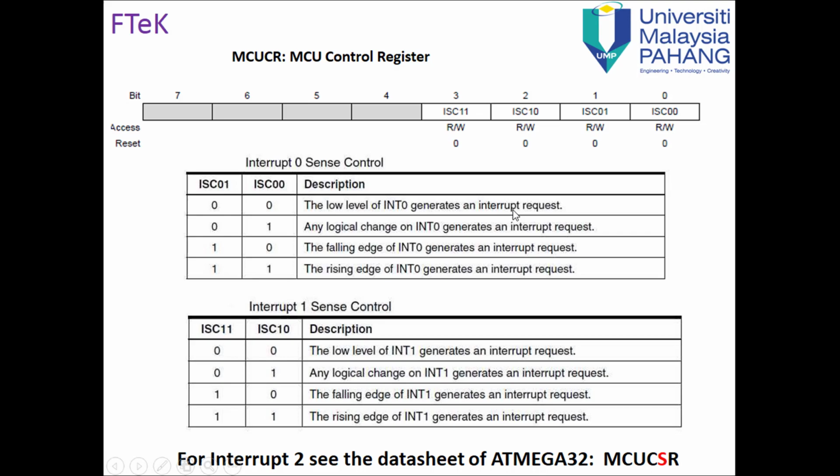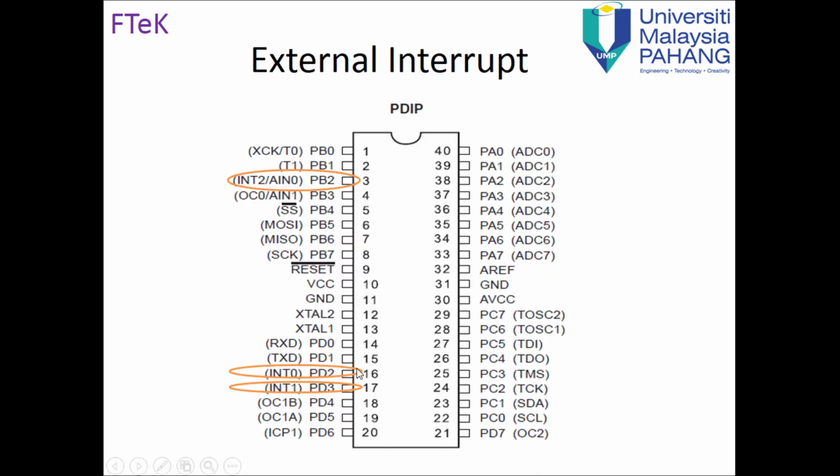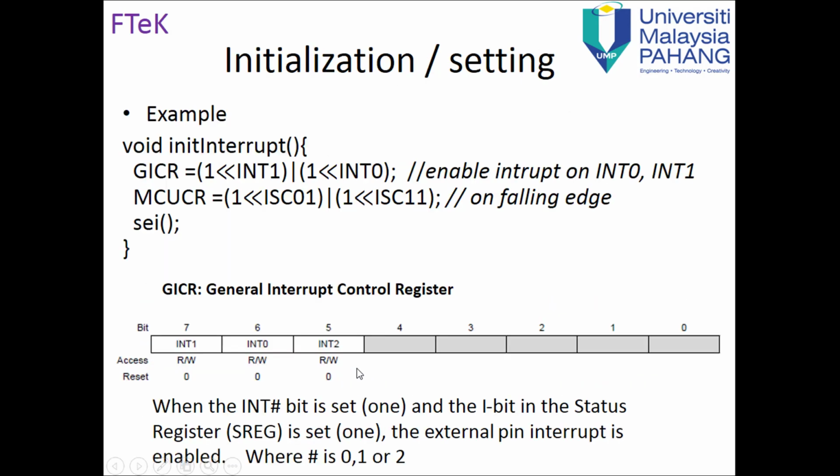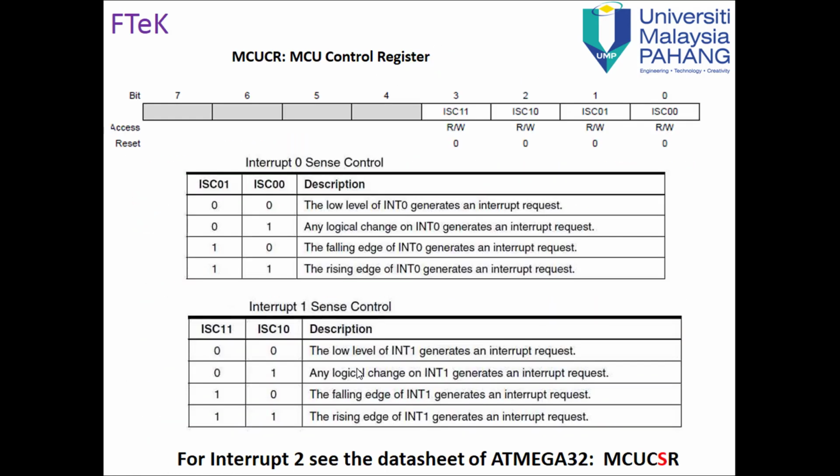So if I change the level from 1 to 0 on the pin, the interrupt will trigger. If I use 0, 1, a logical change, so from 0 to 1 or 1 to 0 will call the interrupt. If 1, 1, it is the rising edge. So that's how I decide how the interrupt is going to happen on the levels of the pin.